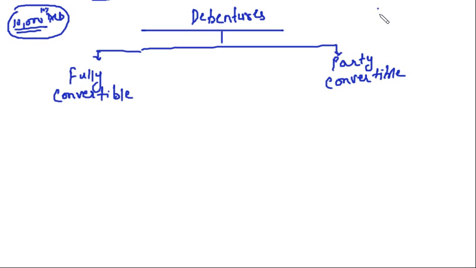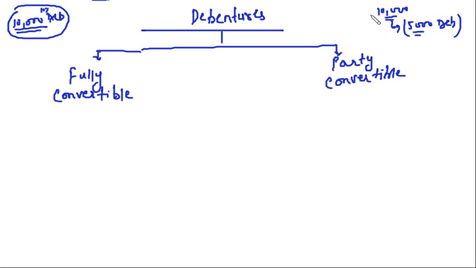What is partly convertible? The conditions are set only at the time of issue. Remember that always. Right? So in case of partly convertible, they say only 5,000 debentures, this is just an example, right? They say that you can convert only 50% of your debentures into shares or another class of debentures.